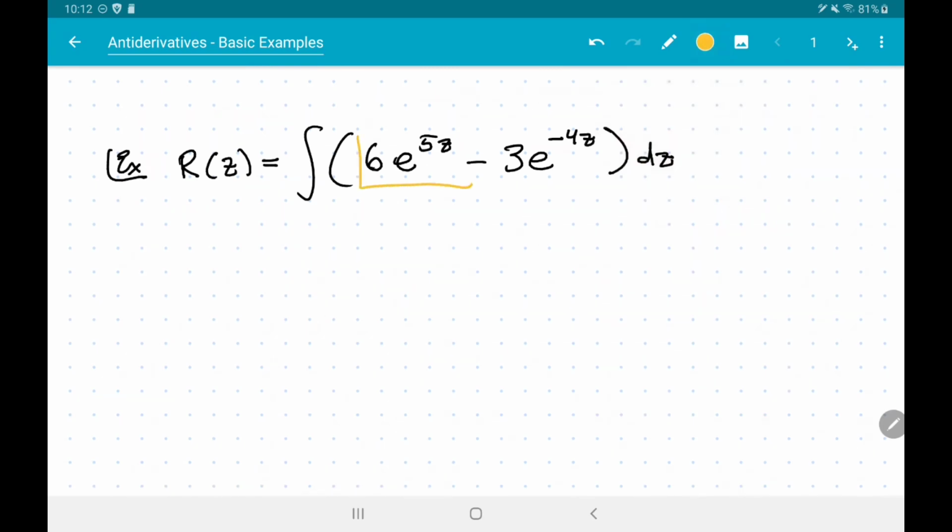Again, look for the outermost operation, and you'll see that it's that subtraction. There are e's floating around, but we'll get to them in a moment. Remember, we have this rule that the antiderivative of a left minus a right is the antiderivative of the left minus the antiderivative of the right.